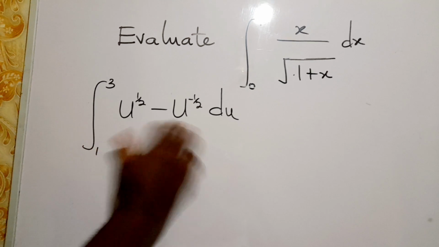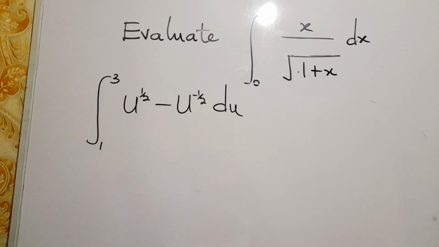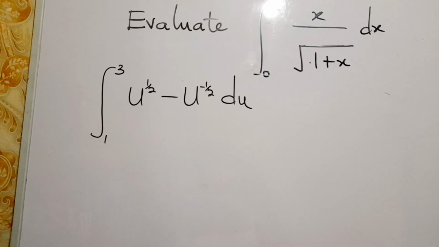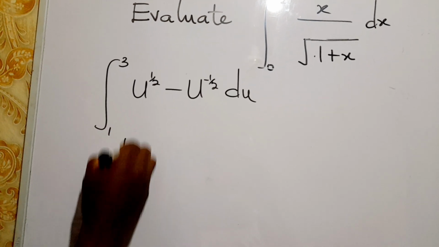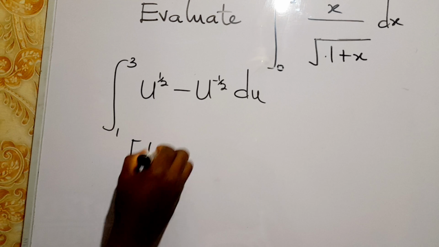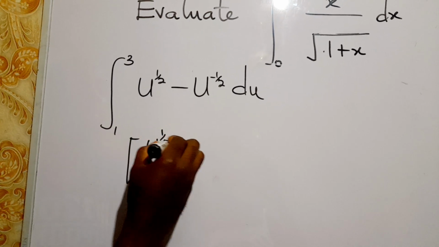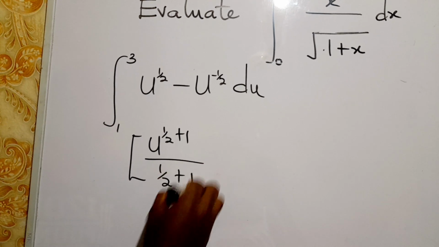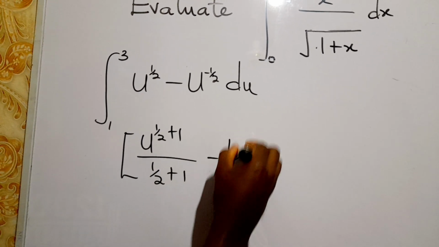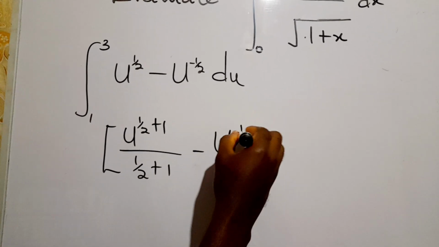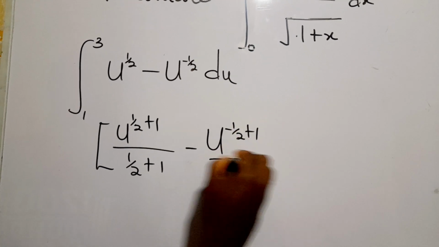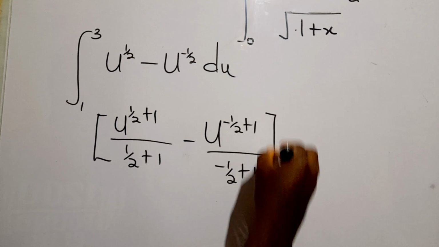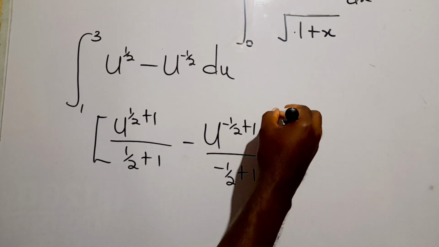Now from here we integrate this term by term. Remember, the simple integration rule says we add 1 to the exponent and divide the function by the result. So the integral of this will be u exponent (half plus 1) over (half plus 1), then minus u exponent (negative half plus 1) over (negative half plus 1), substituting from 1 to 3.